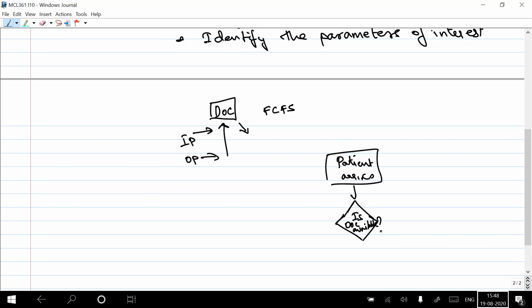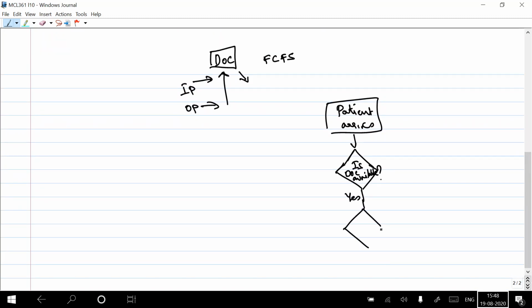If yes, inpatient or outpatient is the next question. If inpatient, then, wait, let's actually do this. I'm just doing this off the top of my head.